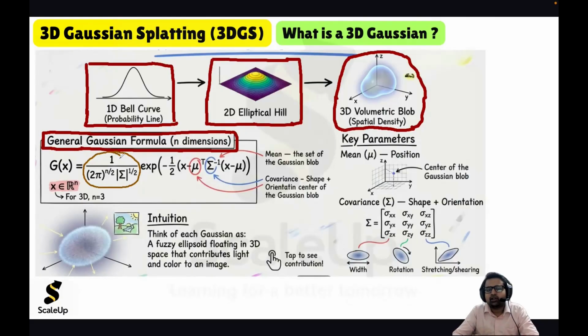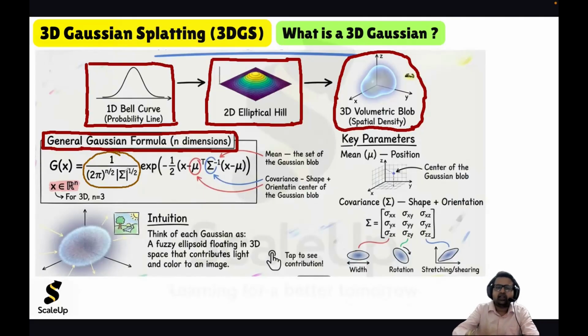This term represents the amplitude, and for a 3D Gaussian, n will become 3. So this term will become 1 upon 2 pi to the power of 3 by 2, times the square root of the determinant of the covariance matrix.